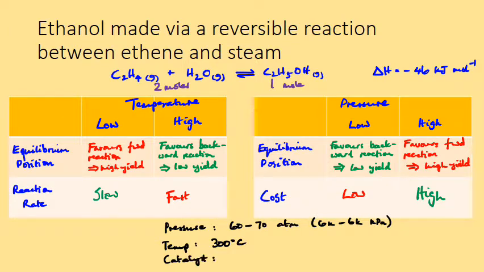And the catalyst that works particularly well in this case is phosphoric acid. And there we are. That's the compromise decisions that chemical engineers make when they're making ethanol.